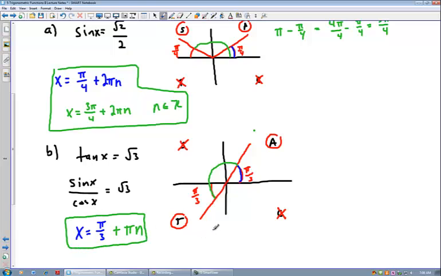Now if you write down pi over 3 plus 2 pi n as one answer, and you write down the other answer, which is pi plus pi over 3, you did it like we did last time, so that's equal to 3 pi over 3 plus pi over 3, which is 4 pi over 3, plus 2 pi n, you'll get exactly the same solution set. Right, it should include here n as an element of the integers.